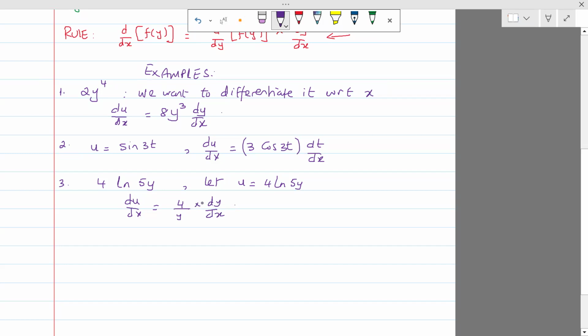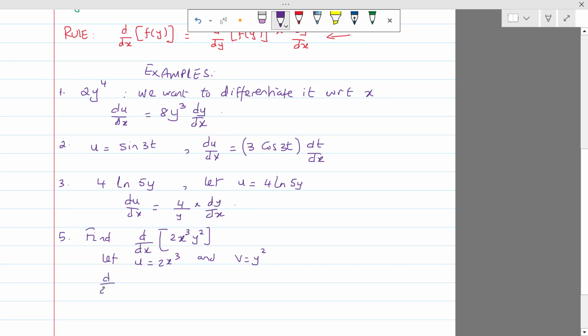So this is what we call implicit differentiation. If I tell you to find the derivative with respect to x of 2x cubed y squared, again you can say let u equal 2x cubed and v equal y squared.